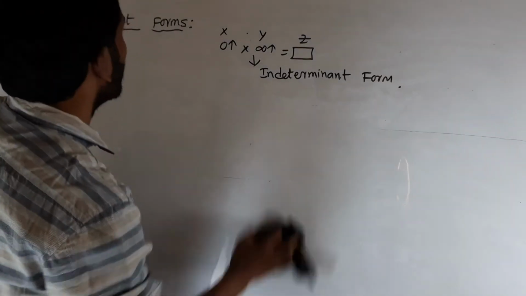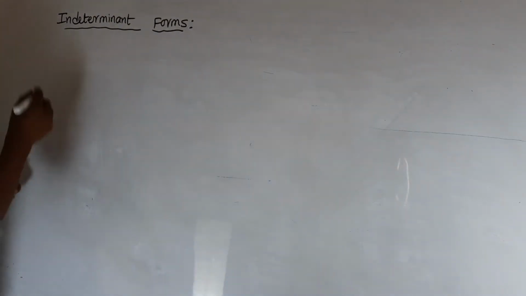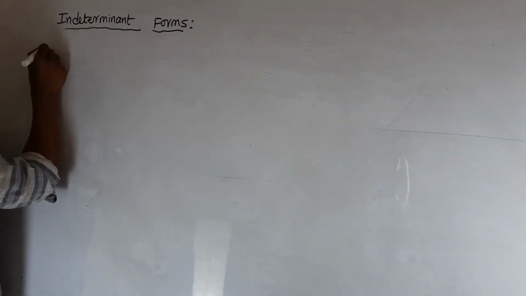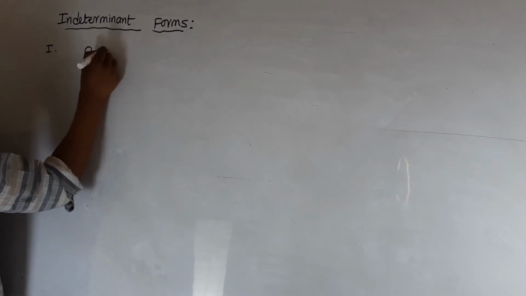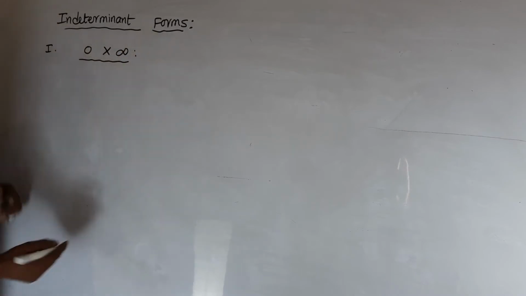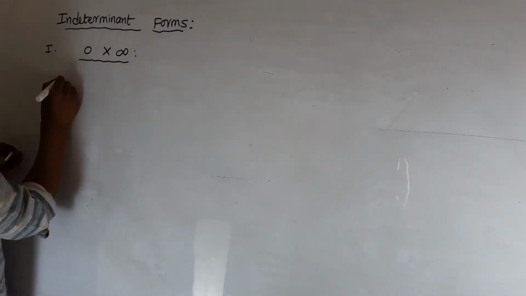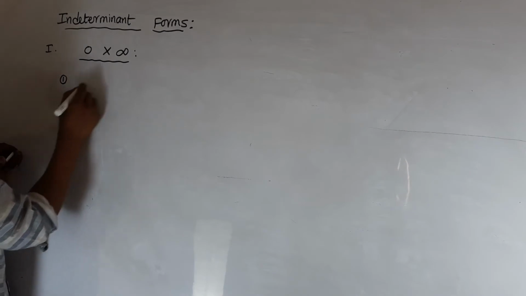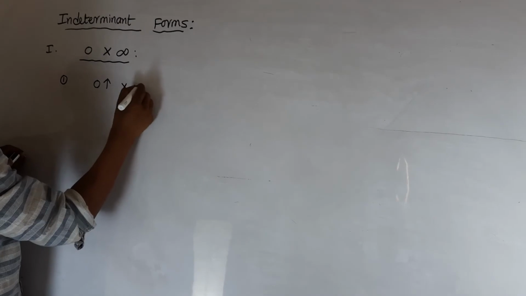Next, types of indeterminate forms. First form is 0 into infinity. Case 1: 0 approaches, infinity approaches.